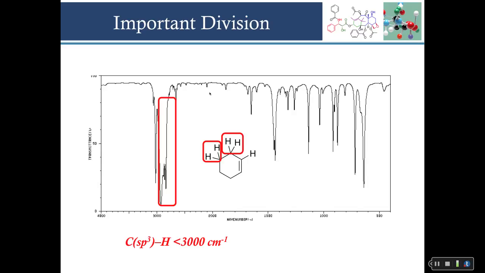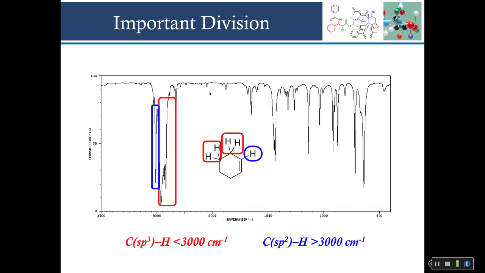Anything below 3,000 wave numbers, we know we are going to have an sp3 carbon-hydrogen stretch. And anything just higher in energy than 3,000 wave numbers, we know it's going to be a carbon-hydrogen stretch for a hydrogen that's bound to an sp2 hybridized carbon. And so it's a very important line for us.